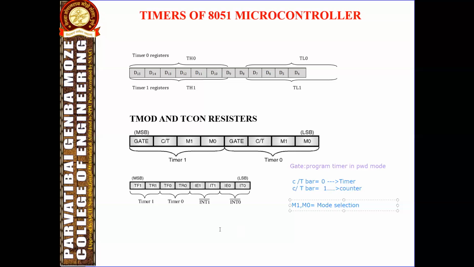How are timer 0 and 1 started and stopped? The 8051 timer can be started and stopped by hardware and software control. The start and stop of the timer are controlled by the software method by the timer start bits, TR0 and TR1.